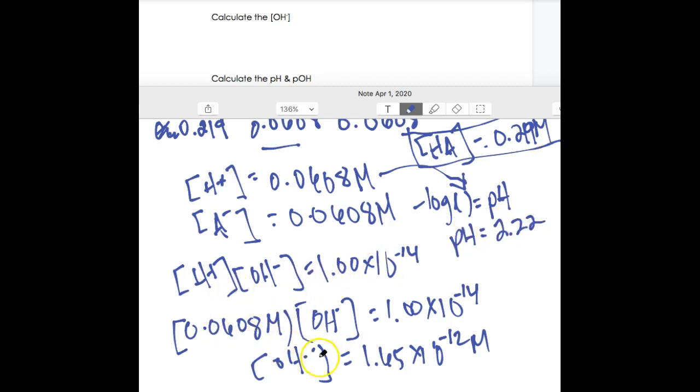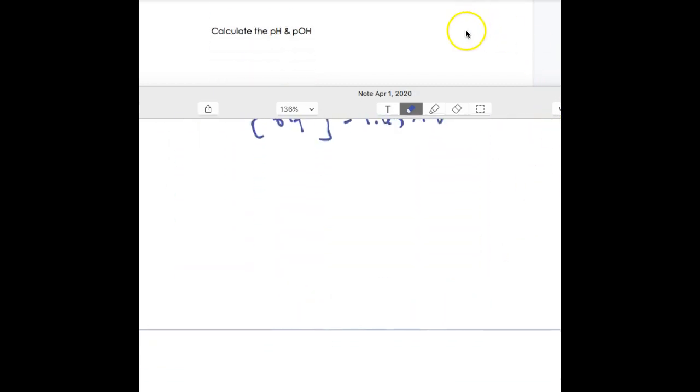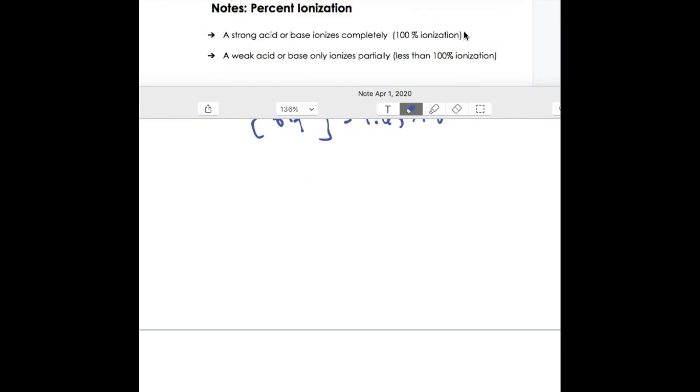You could also find your pOH by taking the negative log of the OH concentration, or you could just subtract from 14. So pOH is equal to 14 minus 2.22. You could do it either way, and you'll still get the same answer. So that is that.